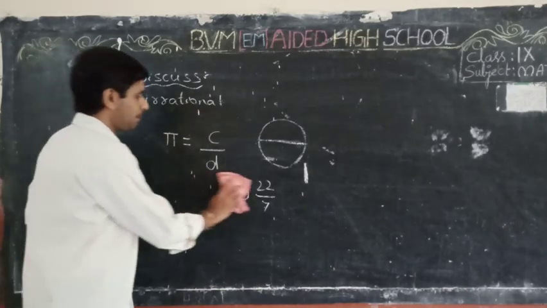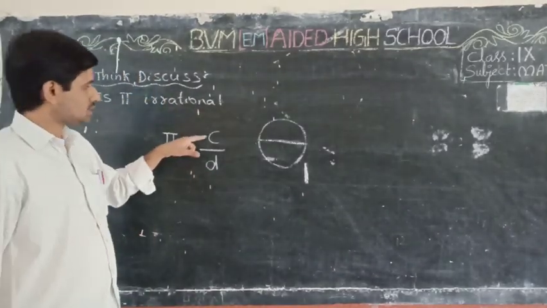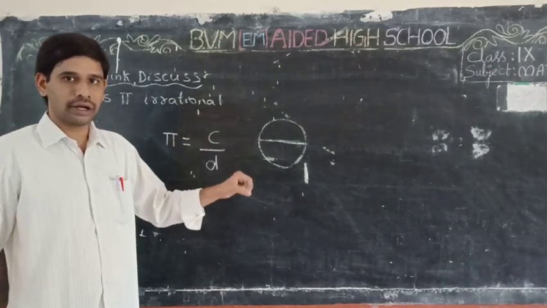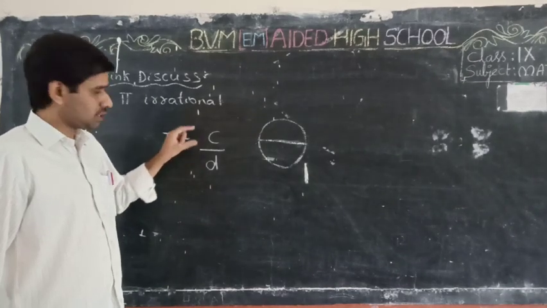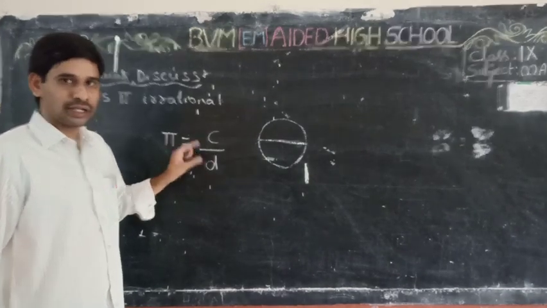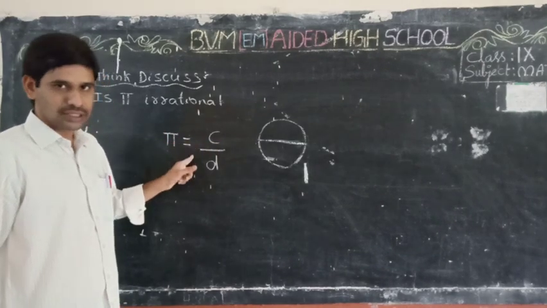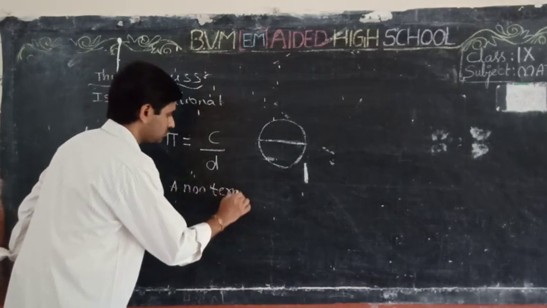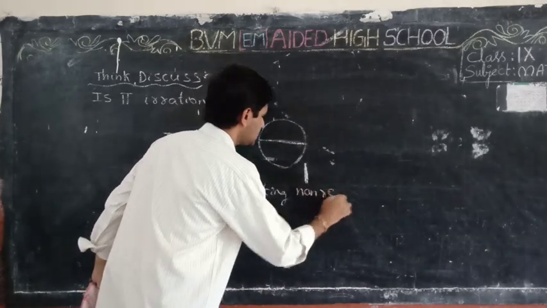Actually, pi is an irrational number because the circumference by diameter is always a non-terminating, non-recurring decimal. So C by D, the ratio of circumference and diameter, is a non-terminating, non-recurring decimal.